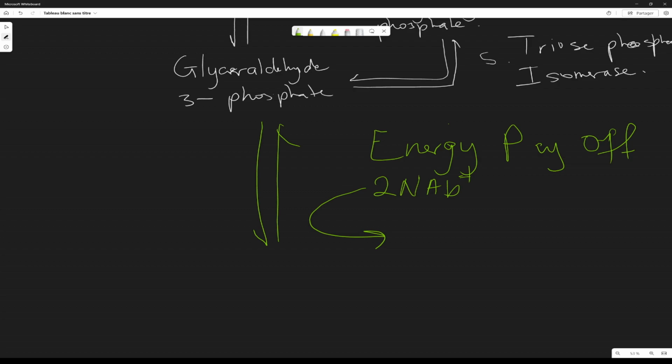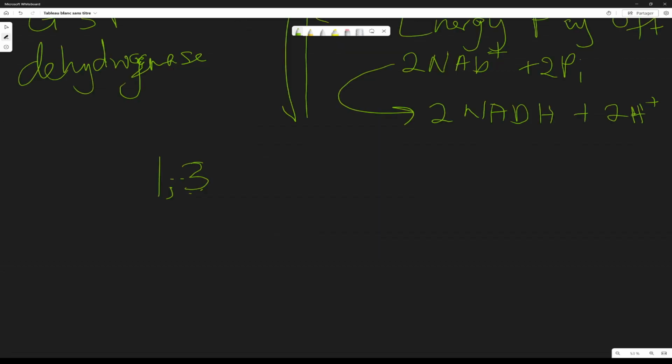We're gonna produce 1,3-bisphosphoglycerates. So we have that molecule being created.